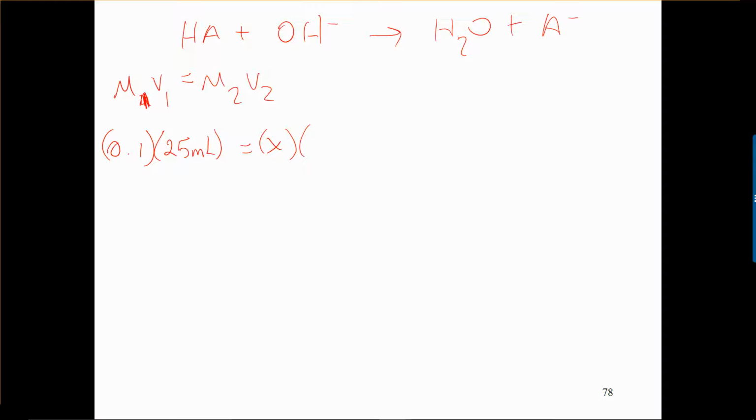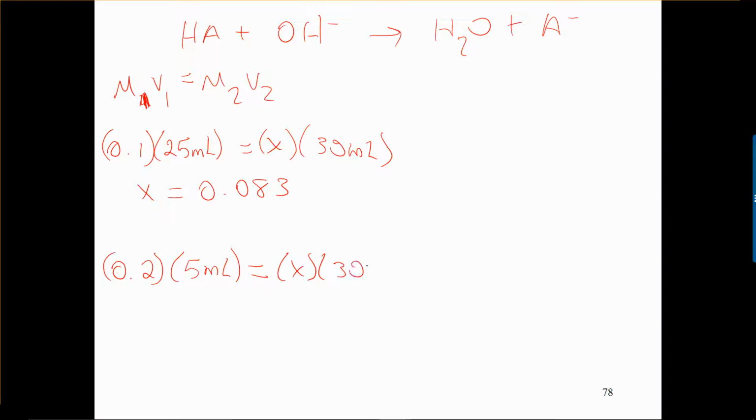I added 5 to 25, so that's 30 milliliters. I take 0.1 times 25 divided by 30. My new molarity is 0.083. Now for the base, I start out with 0.2 times 5 milliliters equals my new molarity of the base times 30 milliliters. So what is the new molarity of the base?